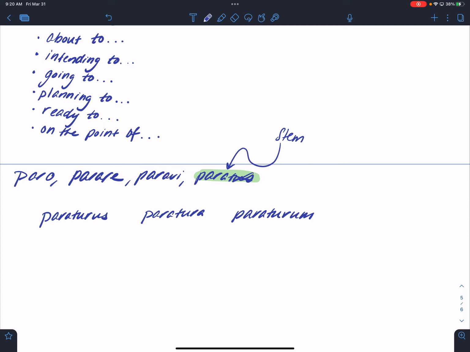Okay. Now, these are going to be declined. You know these endings, I hope. Okay, second declension, masculine. Let's do this. Paraturus, paraturi, paraturo, paraturum, paraturo. And then we go to the plural.